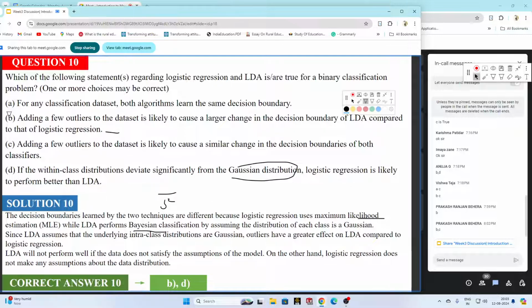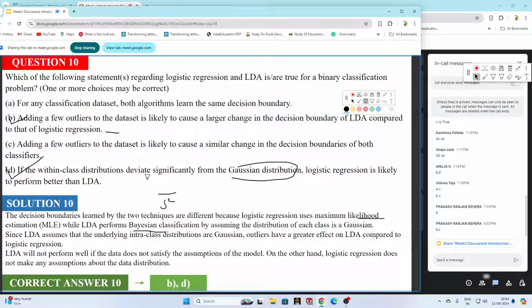So option B is correct, also option D is correct. Is this clear? B as well as C? No, C is not correct. Adding a few outliers to the dataset is likely to cause similar change. No, similar change is not correct, because logistic regression always has lesser change in the decision boundary.